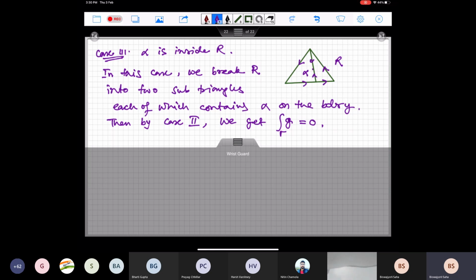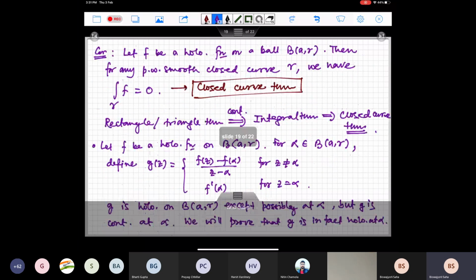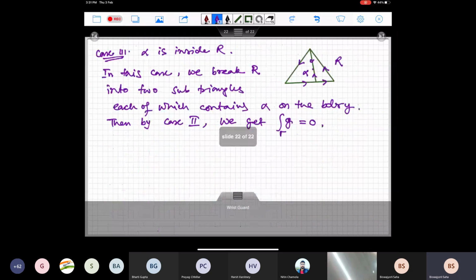Yes. So what we see is that this triangle and rectangle theorem holds for g, and if you have followed this array of implications, then you immediately get, as a corollary, the integral theorem.